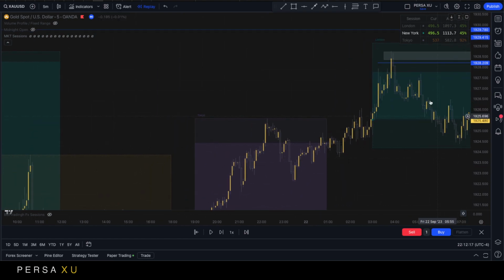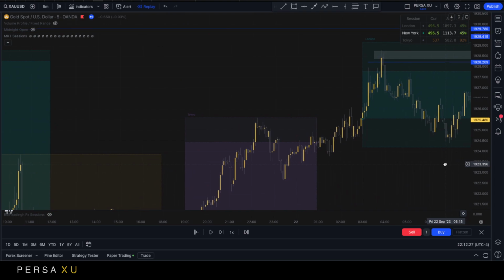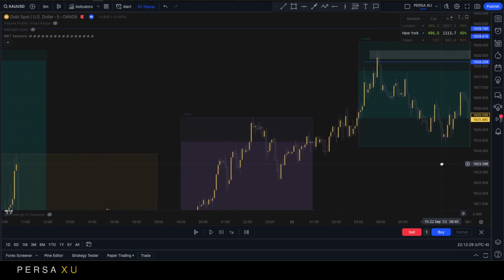The previous session's range, which is London, because we already know what's in the future, is this. This is the range so far in time, right? The moment New York opens, which is right there, it is right here, relatively close to this support, right?